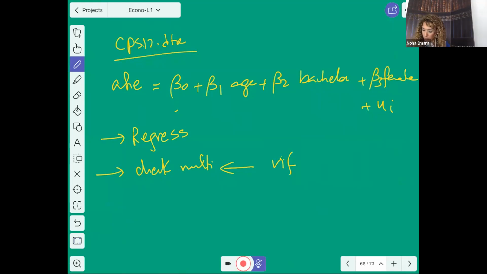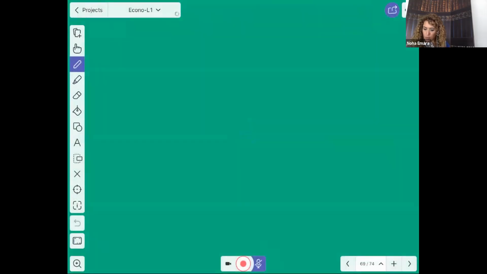In this example, talking about multicollinearity, we have consumption, which is the petroleum consumption in a certain state.